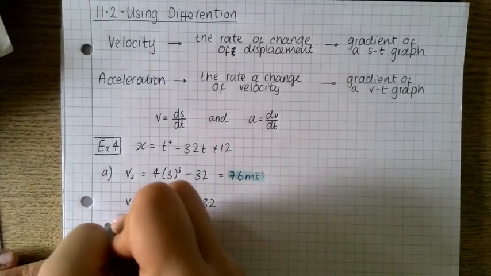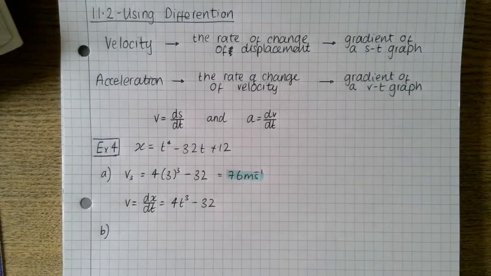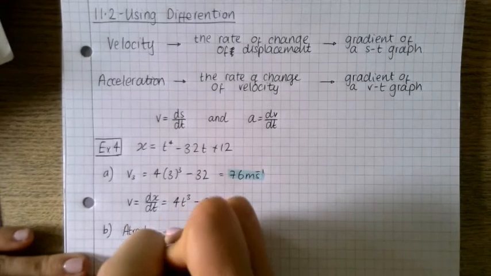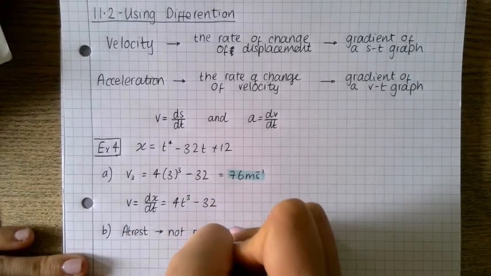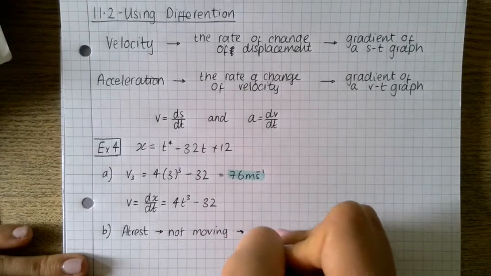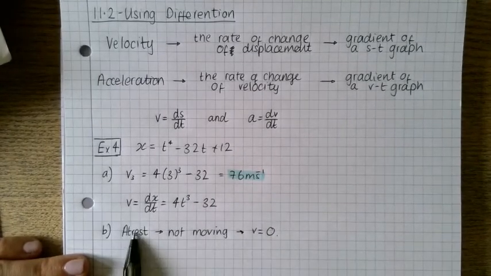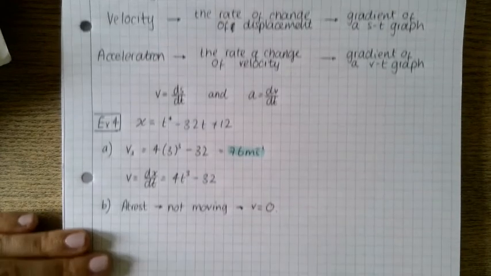For part B, we're asked to find the value of t for which P is instantaneously at rest. So if we're at rest, then we're not moving, are we? We're stationary. And if we're not moving, and we're completely still, then our velocity is equal to 0. So to find the time when we're at rest, we're going to set this velocity function equal to 0, and we're going to find what time that is.